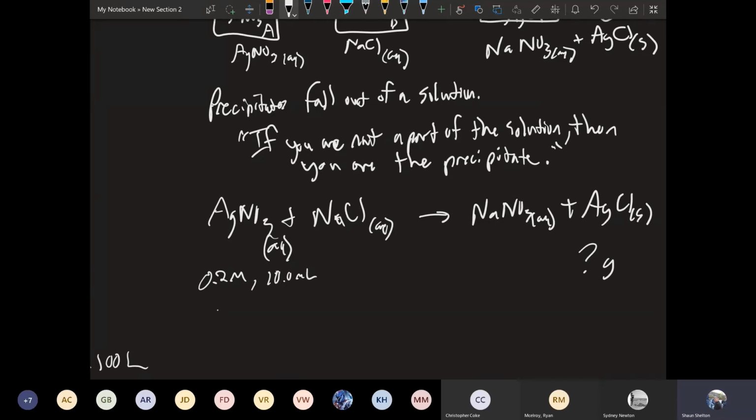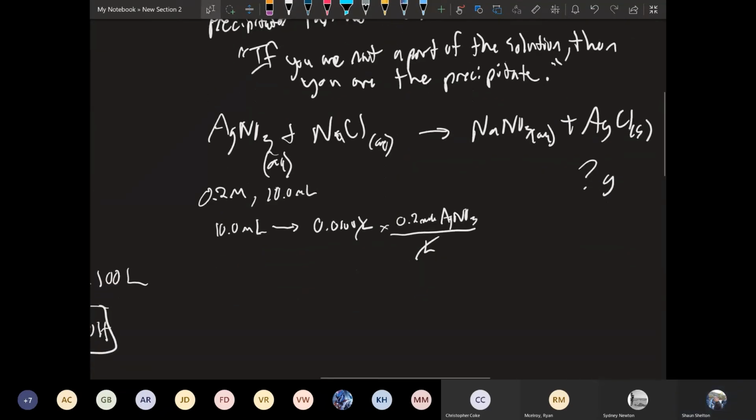So the first thing we're going to do is take your milliliters and convert this into liters, which is 0.0100 liters. So just move the decimal place 3 times to the left. Now we're going to multiply by its molarity. So it's 0.2 moles of AgNO3 for every liter of solution. Notice that the liters are going to cancel out.